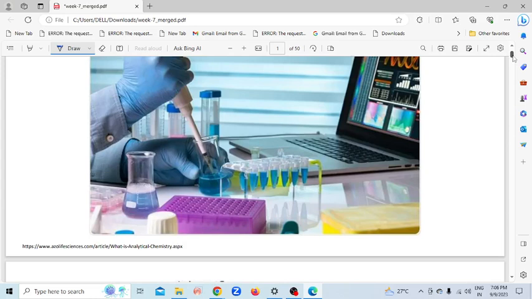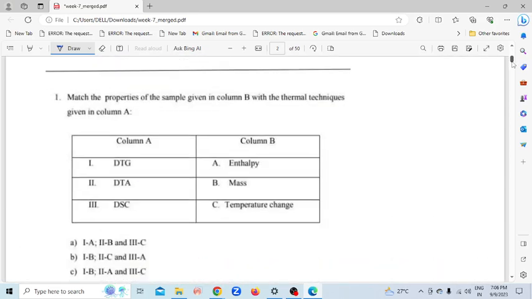And one more thing I want to add. Actually, sir taught that these graphs are written as DTG, differential thermogravimetric, and TG only.